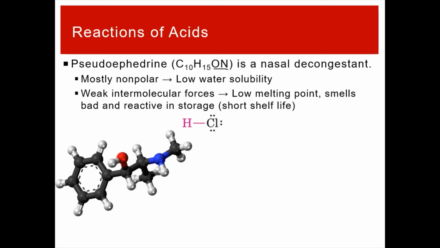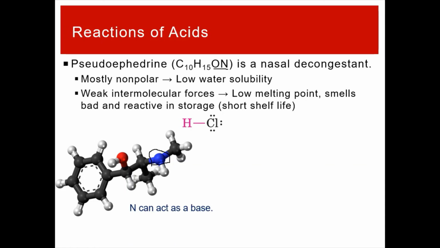But this thing has a nitrogen in it, and that's the blue atom in the structure right here. And that nitrogen has a lone pair on it, which means this molecule is a base. A lot of pharmaceuticals contain nitrogen atoms, so almost all of them are bases.